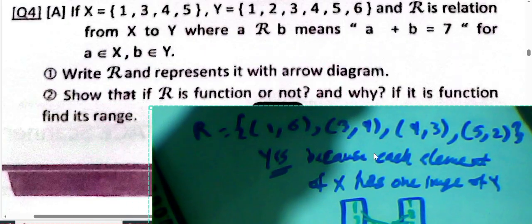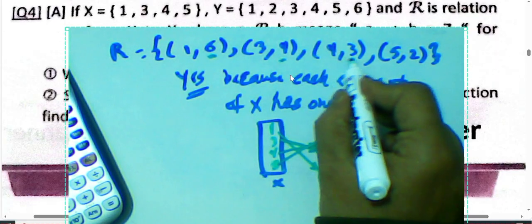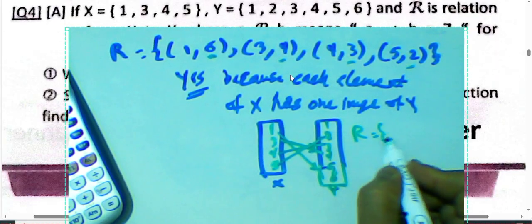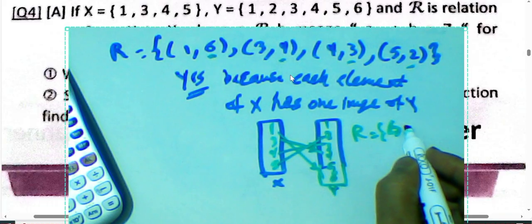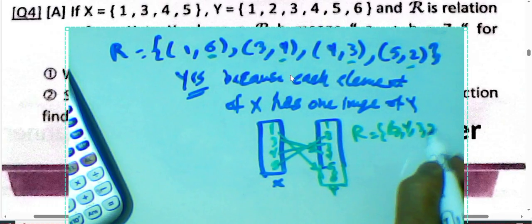And then he asked here the function or not, and the range. We can write also the range. Here is the image, 6, 4, 3, 2 is the range. The range will be 6, look at here, 6, 4, 3, and 2. Understood? Next question.